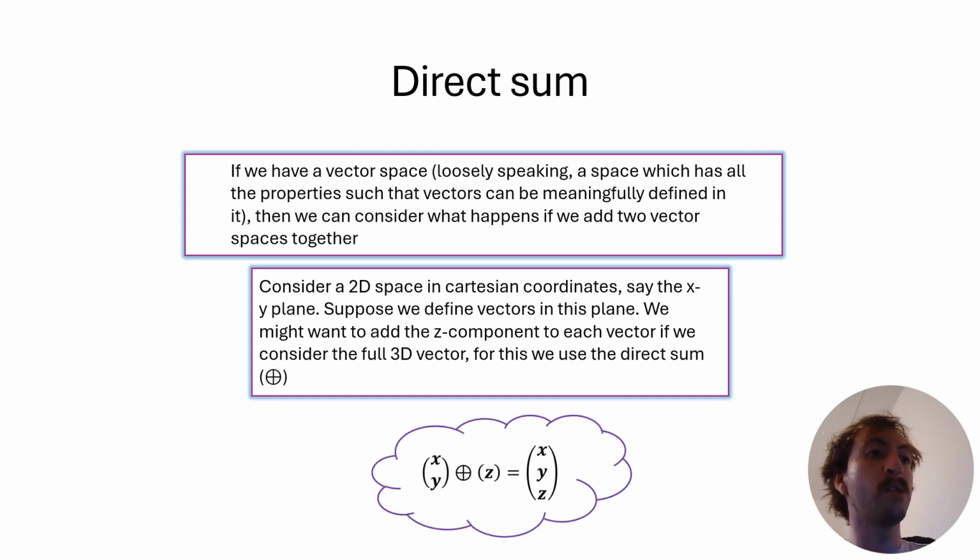So we have an example of the equation for the direct sum here. So the direct sum is kind of about stitching components of a vector together, or using components of vectors to build up a larger vector.